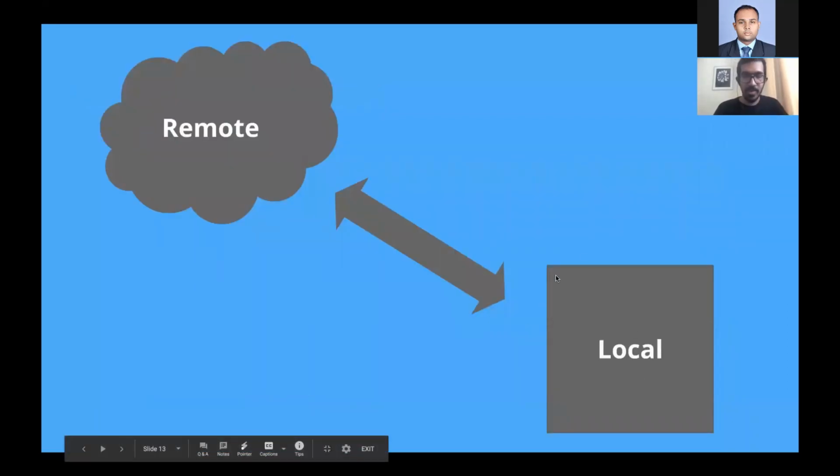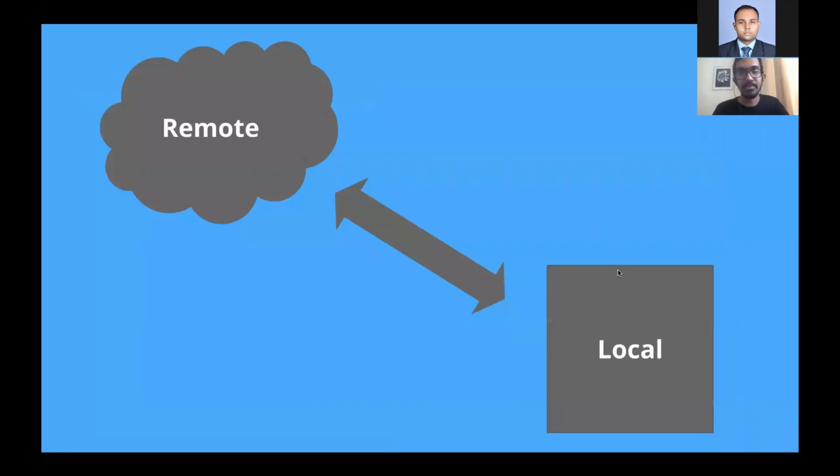Okay, in the Git landscape, we talk about two types of repositories: local and remote. We have one more new keyword. What is a repository? You can assume it is just a project folder.